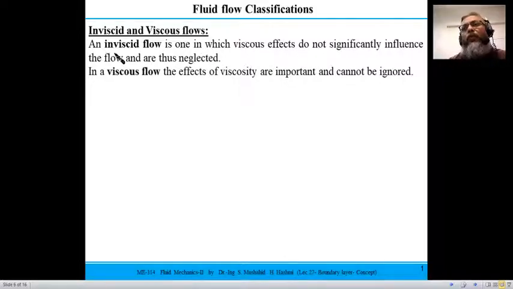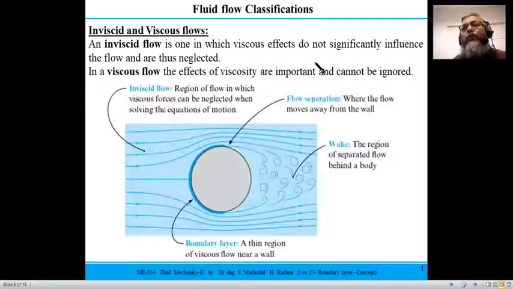Such flows are called inviscid flows. Whereas in viscous flows, viscous effects are important and cannot be ignored, and such flows are viscous flows. As we know from the potential flow theory, we have already taken an assumption of an inviscid flow where viscous effects were not taken into account.